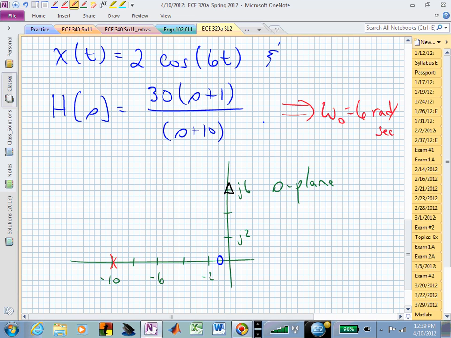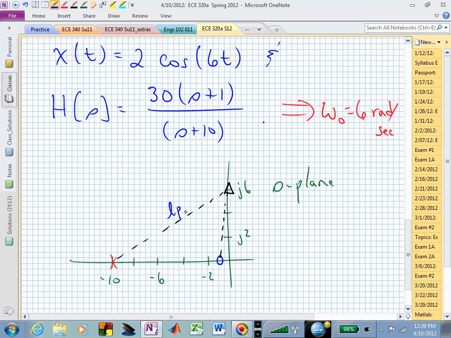And we can think about that graphically, really using these lines of sight between the singularities, the 0 and the pole, and that location of interest, which is determined by the frequency that the x is moving at, which is 6 radians per second.